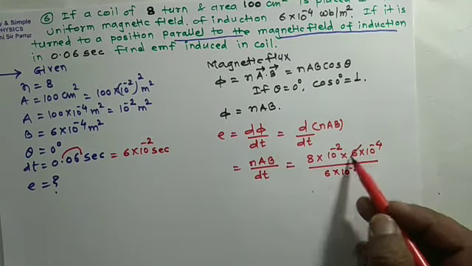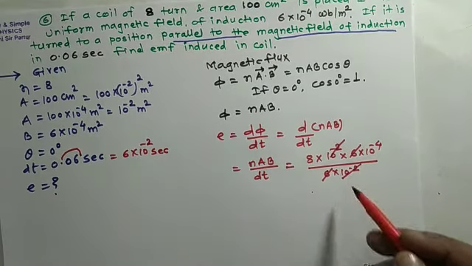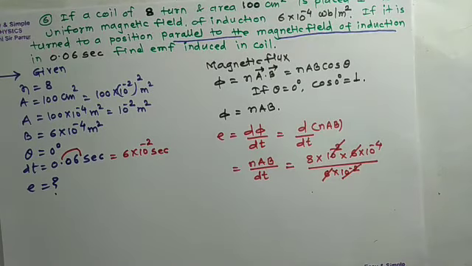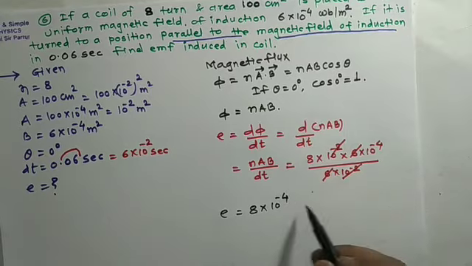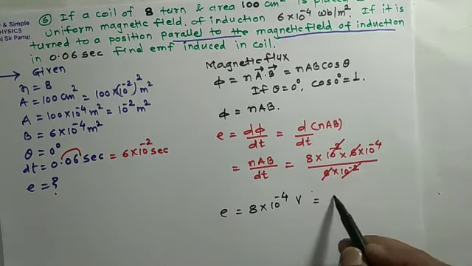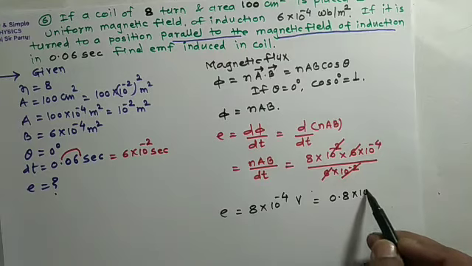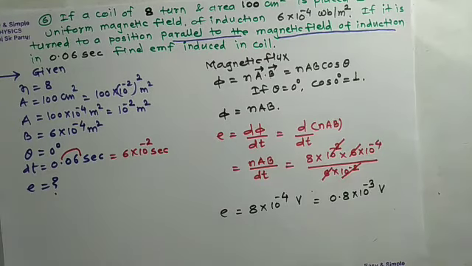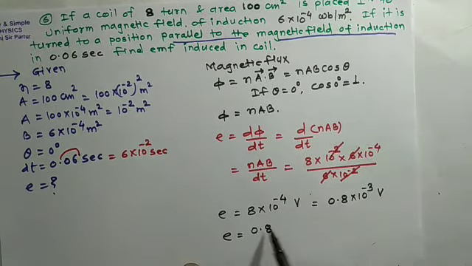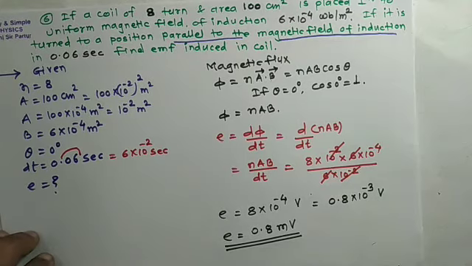So what happens? 6 gets cancelled. 10 to the power minus 2 gets cancelled. So the answer will be that the EMF induced in the coil is 8 into 10 to the power minus 4 volt, which is written as 0.8 into 10 to the power minus 3 volt. It also converts into millivolt, that is 0.8 millivolt will be the EMF induced in the coil.